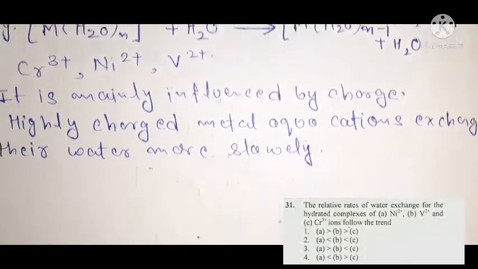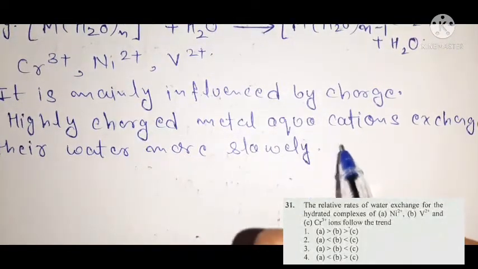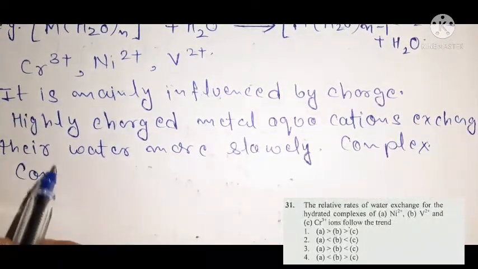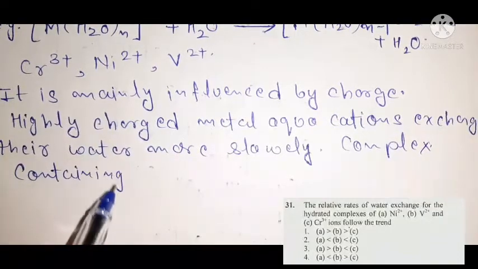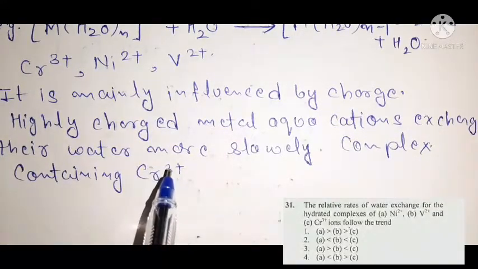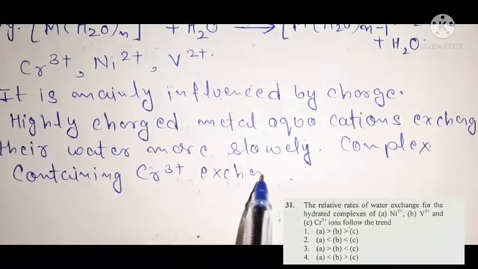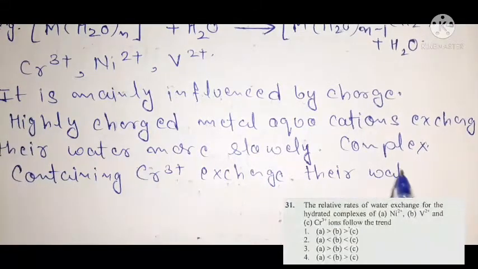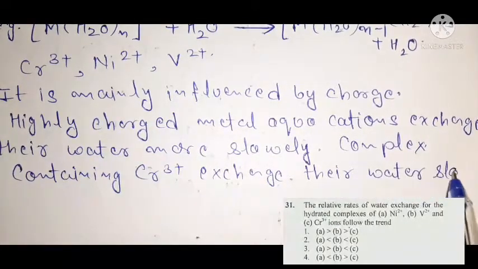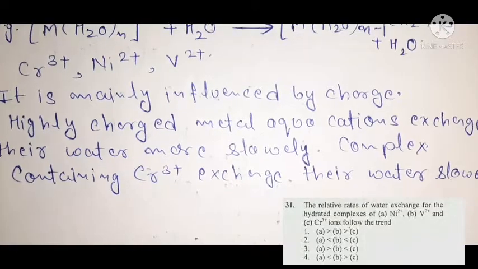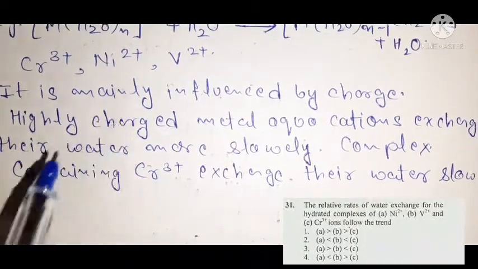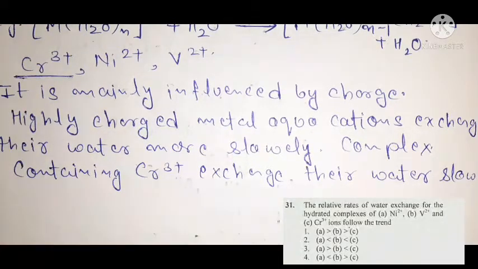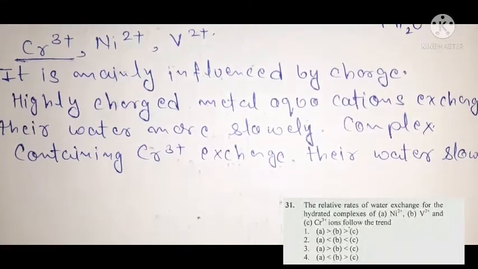On the basis of this statement we conclude that complexes containing chromium 3 plus exchange their water slowly. So out of these three complexes, the least rate of water exchange is for the chromium 3 plus complex.